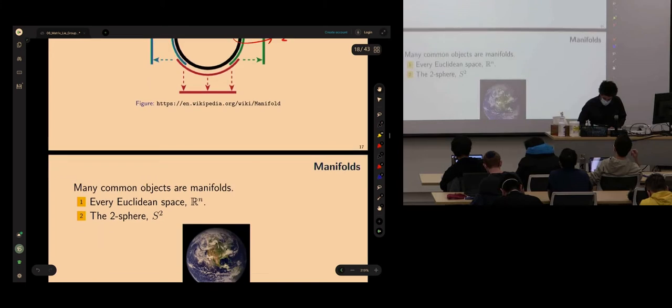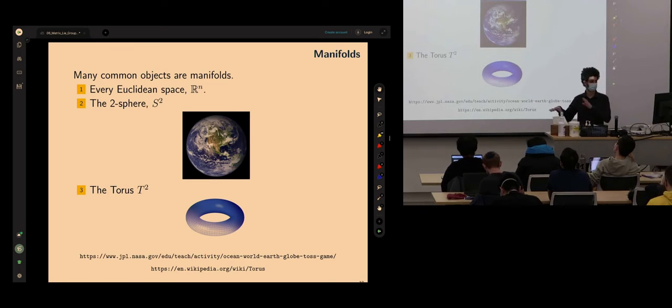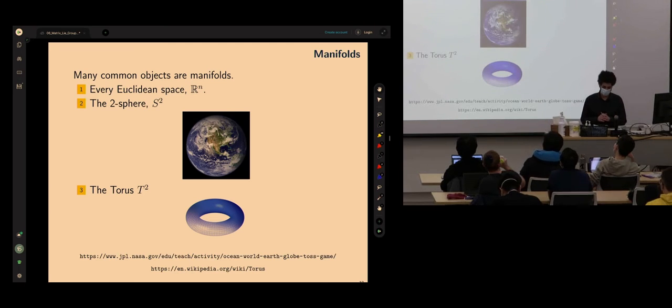So this is a manifold. You're familiar with a sphere, maybe, right? The surface of a planet. If you ignore all the mountains and oceans, just think about it as a sphere. This is a manifold. The Euclidean space itself is a manifold.